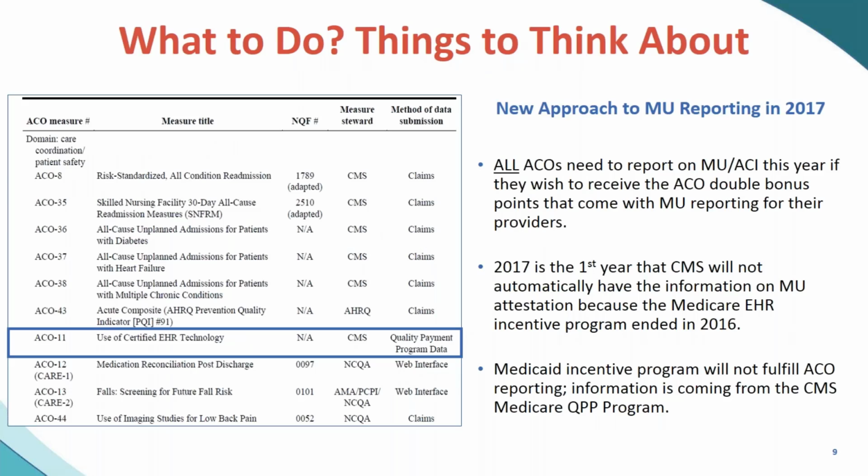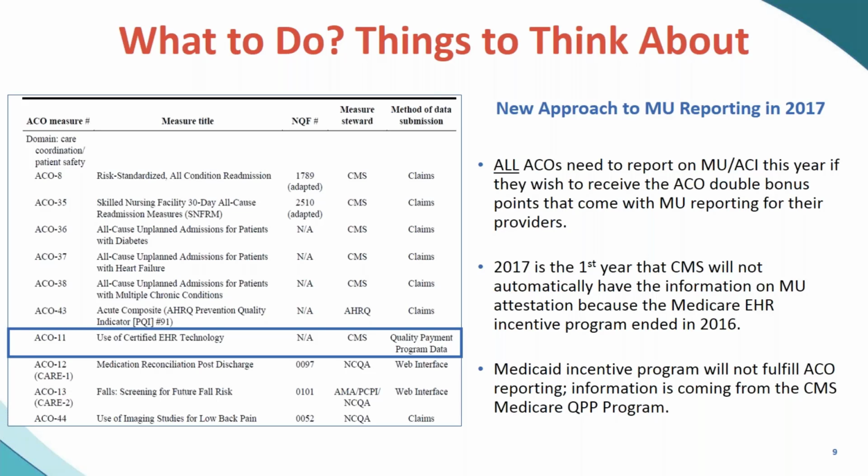The difference here is up until 2017, any ACO that's been participating with Medicare in a shared savings program, as far as their meaningful use reporting, which, as you all know, is a quality metric under the ACO, no one actually had to do any separate reporting for this, and the reason why was that the meaningful use programs, whether they were Medicare or Medicaid, pushed up to CMS the information that your providers had been attested for meaningful use.